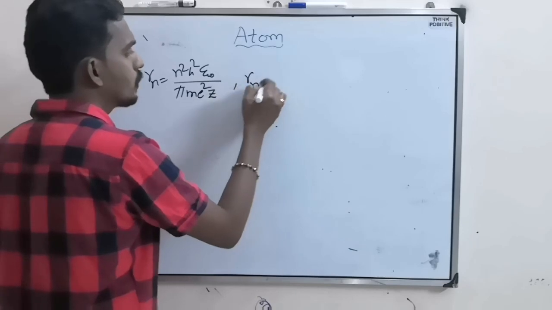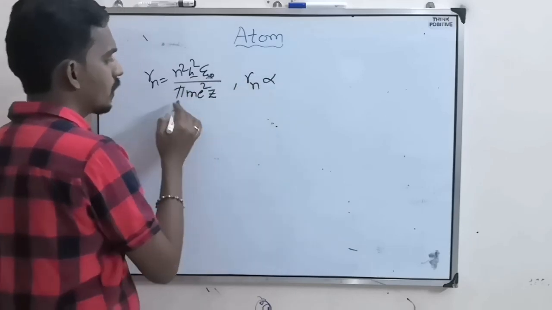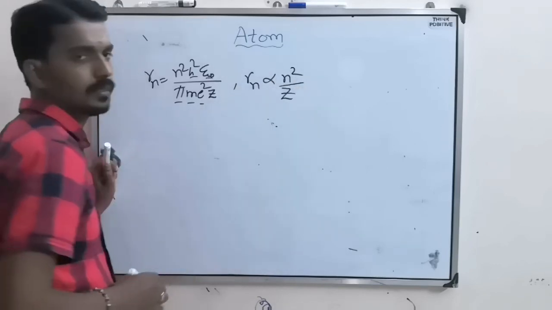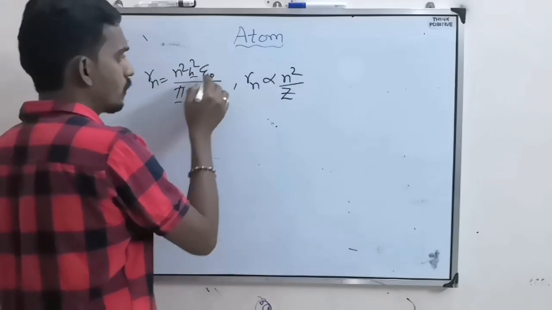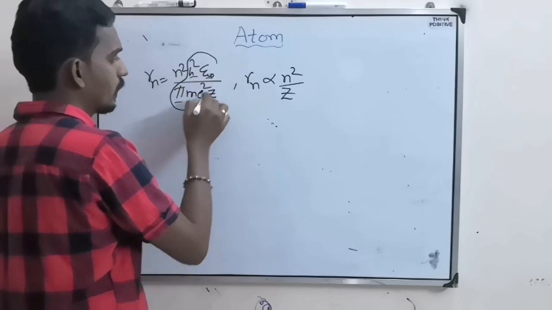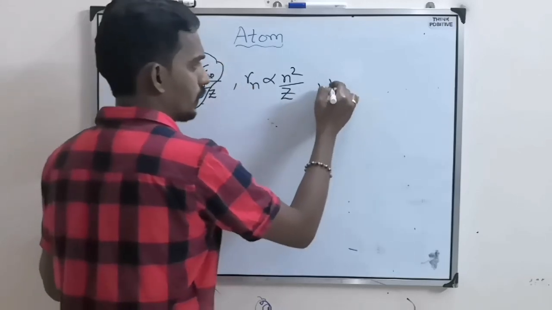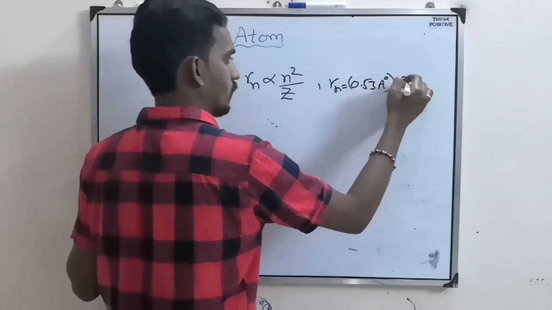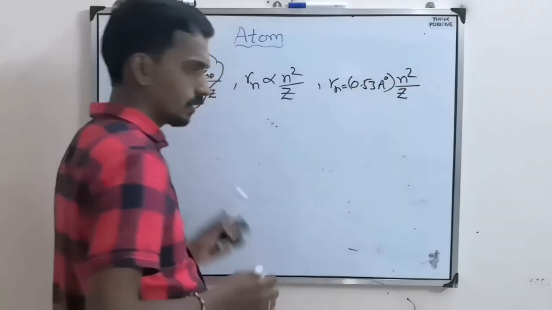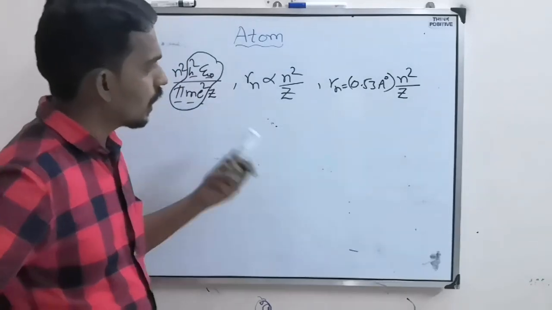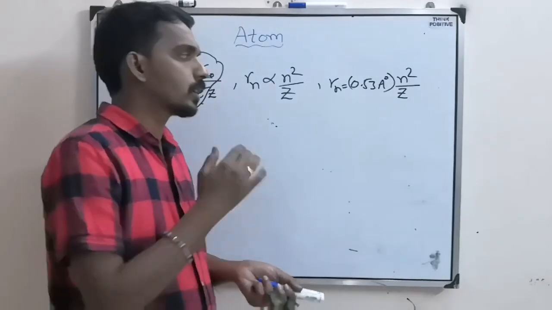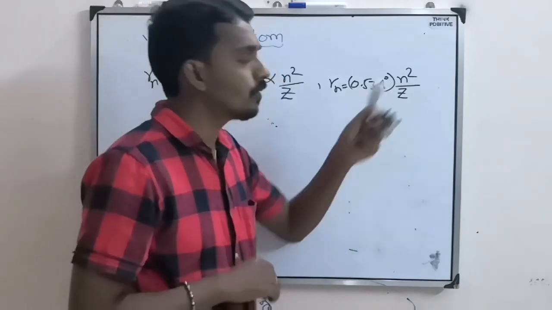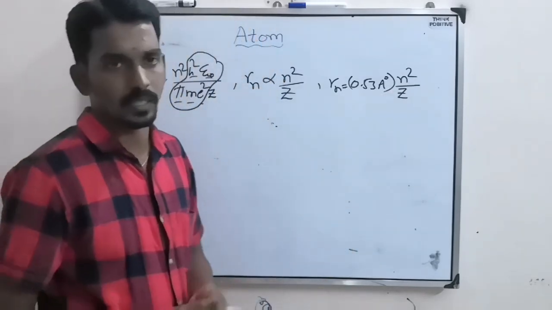Where Rn, if you consider h, epsilon naught, pi, m, e constant, is proportional to n square by z, and if you calculate this constant value, it comes out to be approximately 0.53 angstroms, so Rn is 0.53 n square by z angstroms. So if they ask what is the radius of a particular atom, you have to substitute the z value and the n value, whichever orbit they are asking.